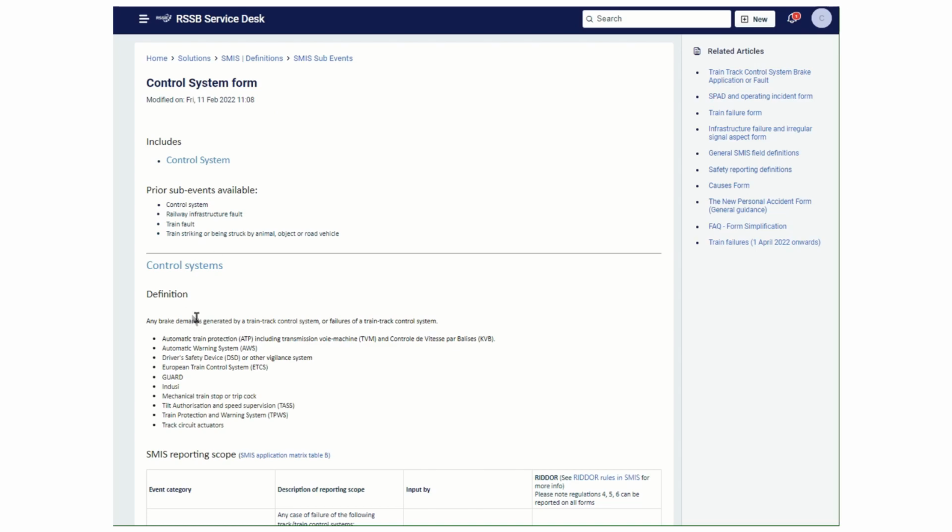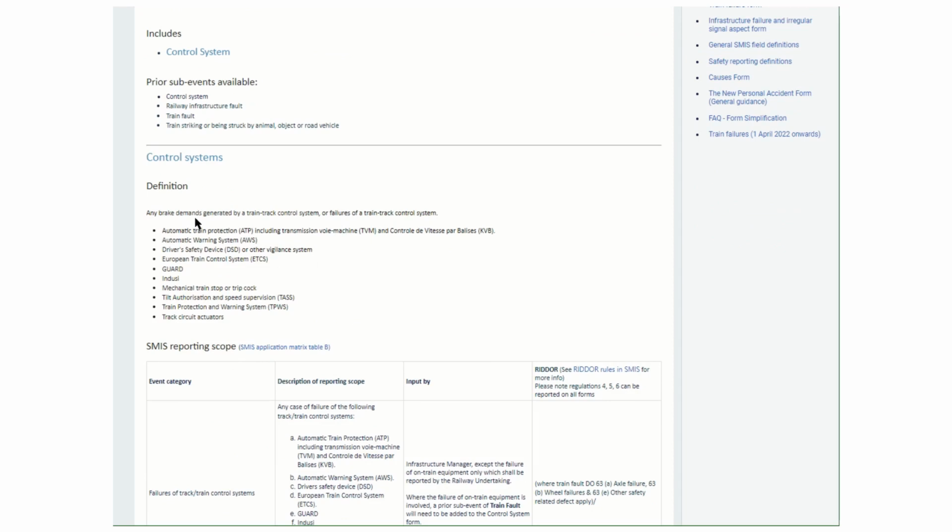So firstly, here we can see the control system definition, which is any brake demands generated by a train track control system or failures of a train track control system.